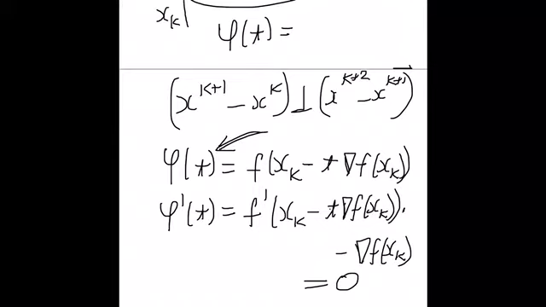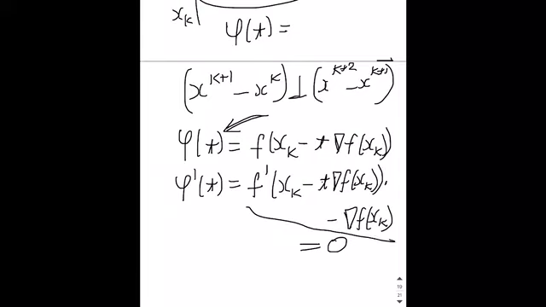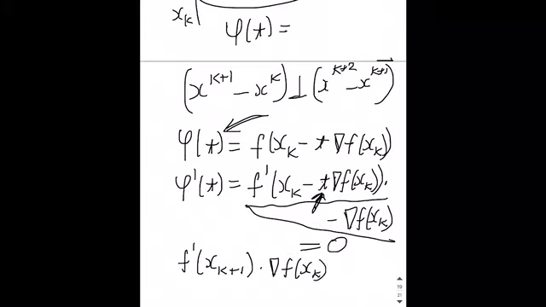So what this means is that this is 0, and this first term here is basically the gradient of f at x of k plus 1, for the t for which this is 0, times the gradient of f of xk, which equals 0.